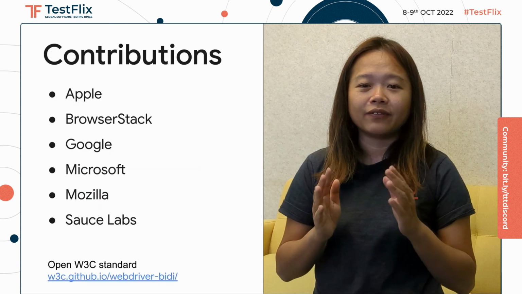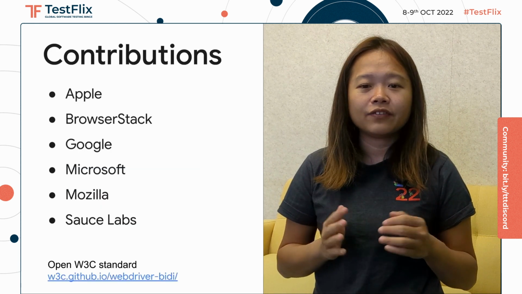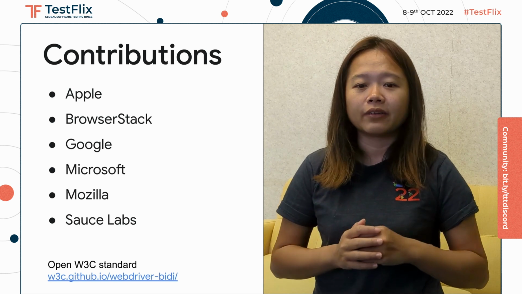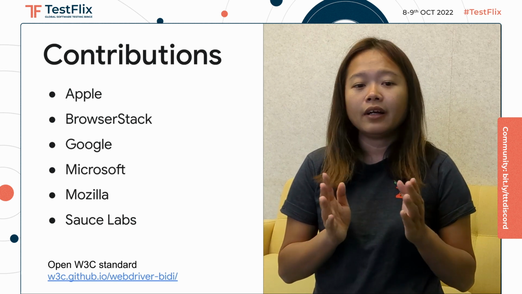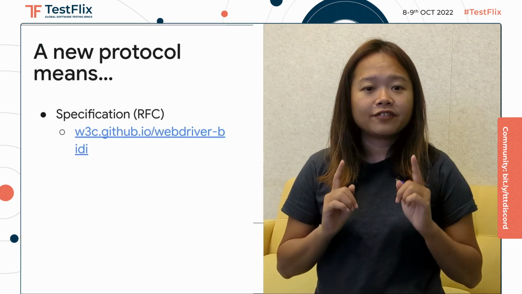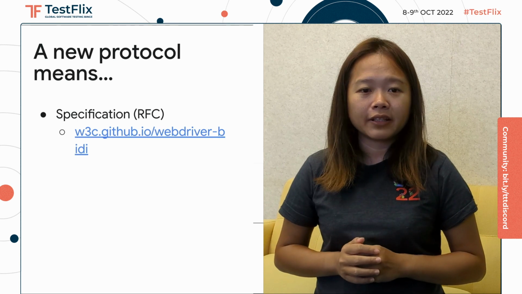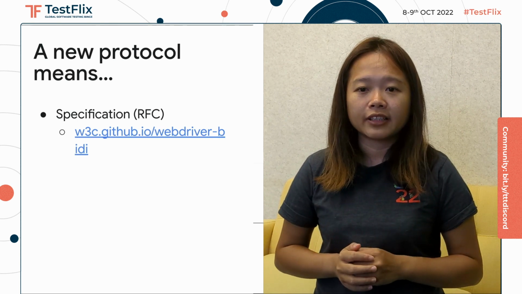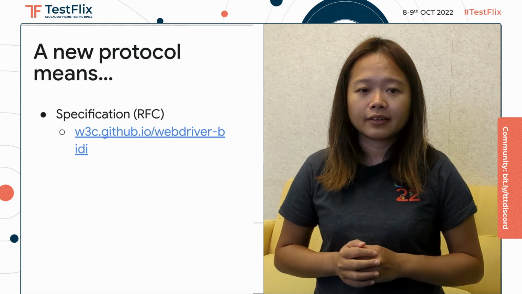It is part of the web standard and it received contributions from various browser vendors like Apple and Mozilla. It takes a huge amount of effort from different vendors to establish and implement a new protocol. First, there is a process in place for public specification and request for comments.